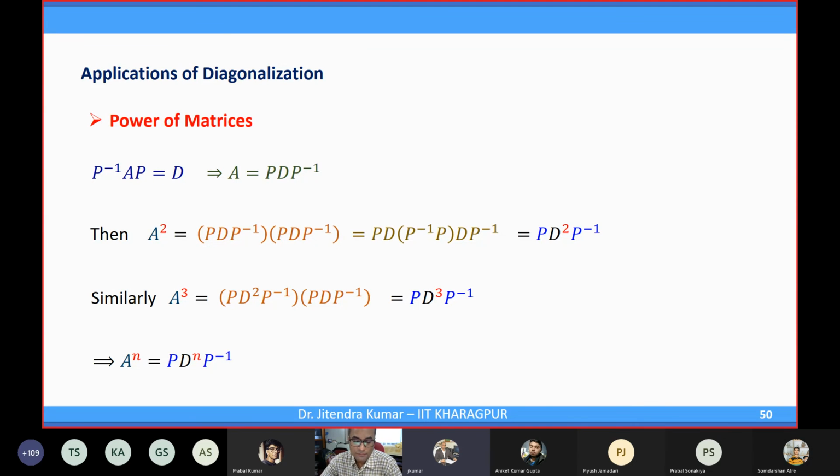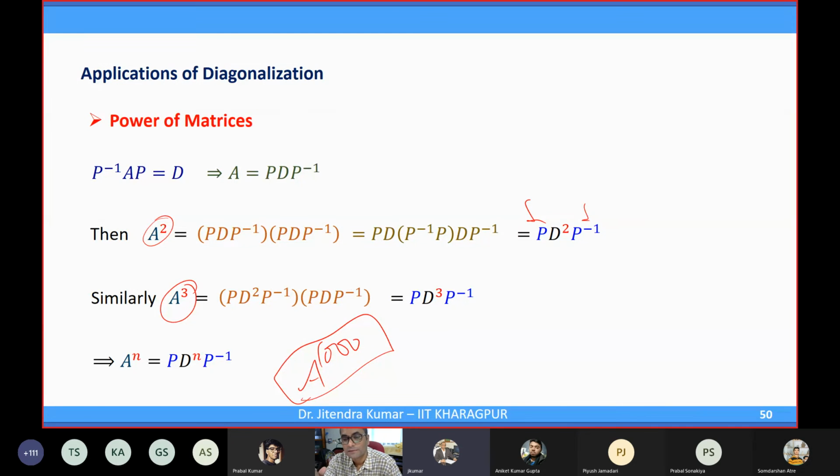So when we are talking about a large power, in case you have A2 or A3, you can directly multiply. Naturally, why would you compute P and P inverse, because that is also time consuming. But when we are talking about A power 1000 or something, then you need to do a lot of multiplications.